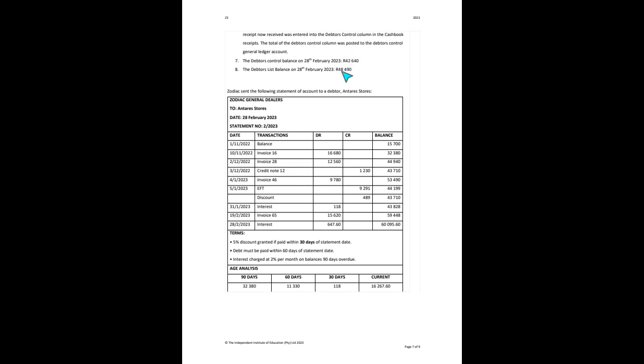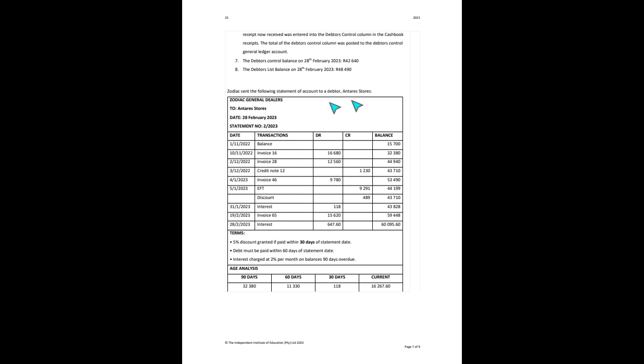And we have to find out, have we made a mistake in our general ledger, or have we made a mistake in the debtors ledger? And correct mistakes in either, so that at the end of the day, these two amounts are exactly the same.